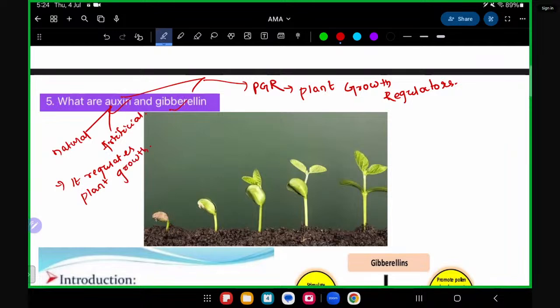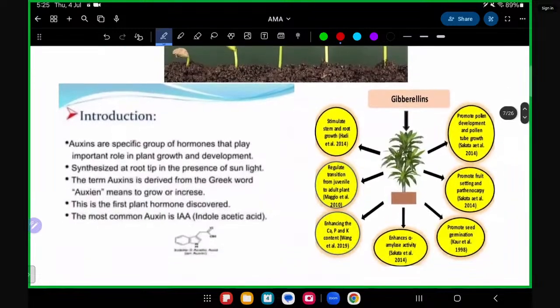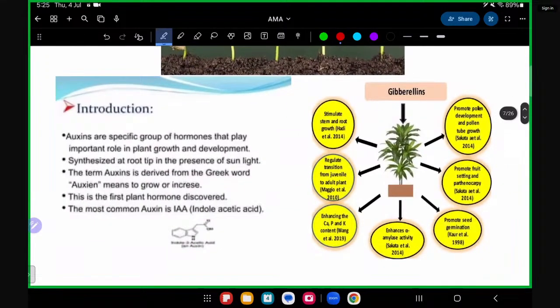One important point is that auxins were initially isolated from human urine. It is a neat question. First, we'll see the characteristics of auxin.